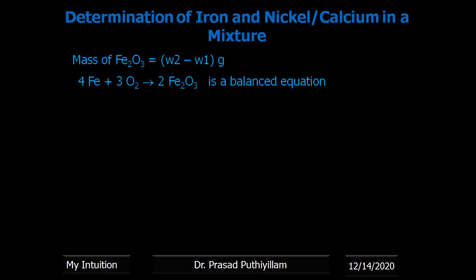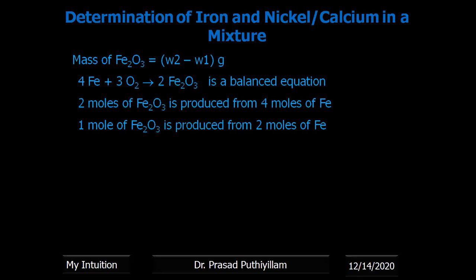We know the unbalanced equation for how Fe2O3 can be prepared from Fe by oxidation. That means 2 moles of Fe2O3 are produced by reacting 4 moles of iron, or 1 mole of Fe2O3 is produced from 2 moles of iron.